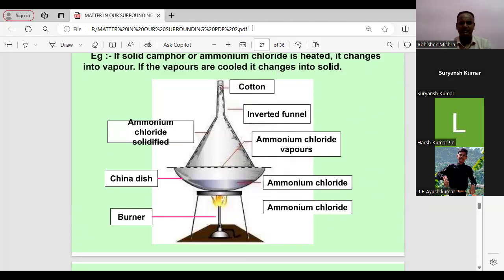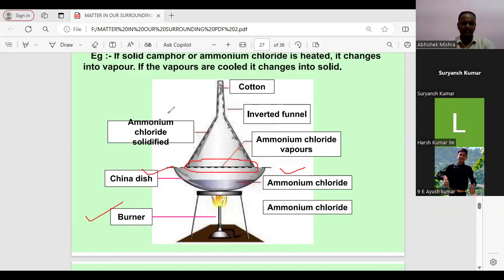For this activity, we will take a burner, and a china dish is kept on it on the tripod stand. Then ammonium chloride or camphor is placed in it. If heated, the ammonium chloride vaporizes and is collected over here in an inverted funnel.